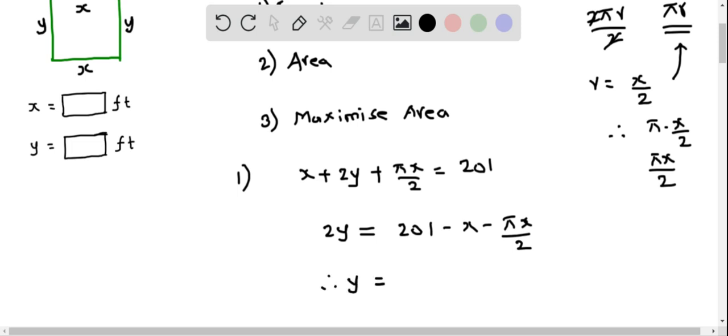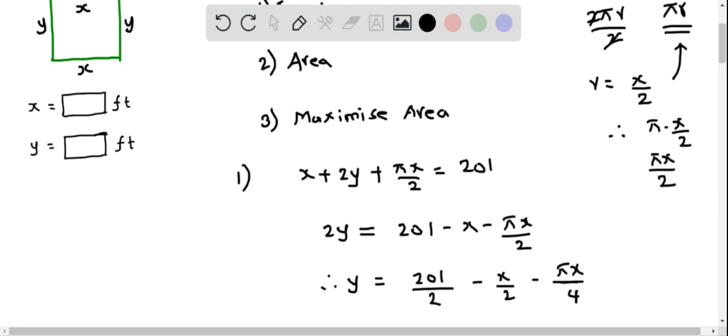So therefore y equals 201 divided by 2, minus x by 2, minus pi x divided by 2 and then multiplied by 1 by 2. So this equals pi x by 4.